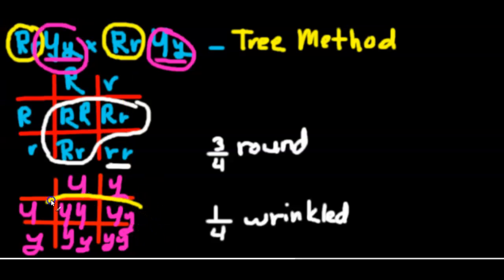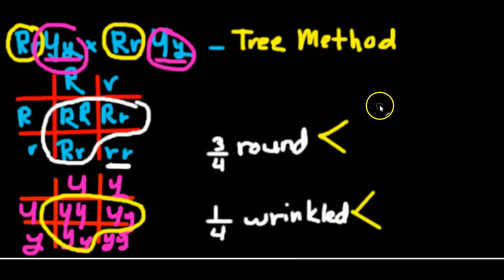So in this case, we have two possible traits. We have yellow and green. In this case, we only have two branches because we have two possible traits. So we're going to have 3 4s.